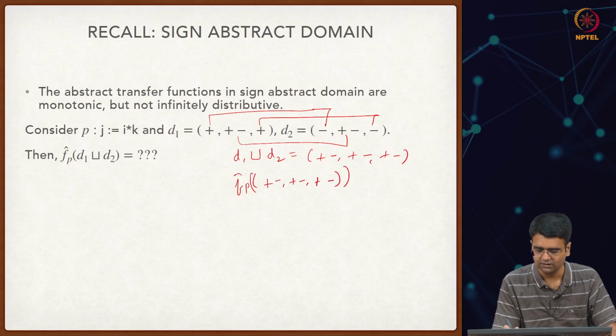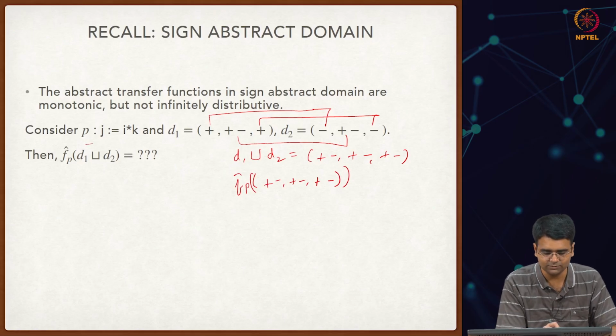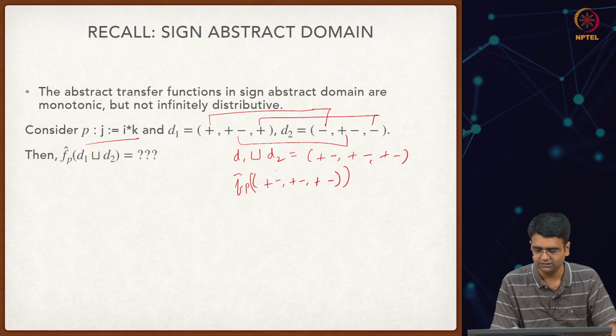In particular, what is the effect of executing this program command on the states which are encapsulated by this abstract domain? Here I know that i, j and k can take any values. Since I'm changing the value of j, the values of i and k will remain as they are.